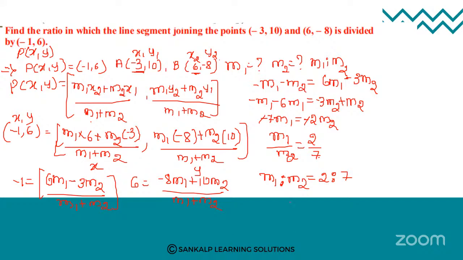Yes, this is the ratio in which the line segment is divided by -1 and 6. This is the answer. If you want to verify, then substitute the value of M1 and M2 in Y.